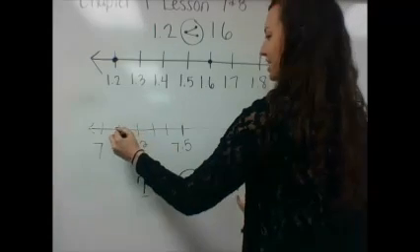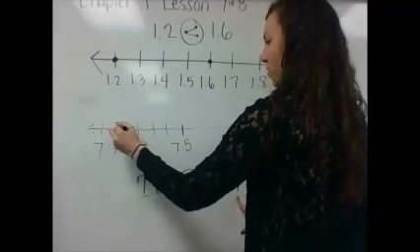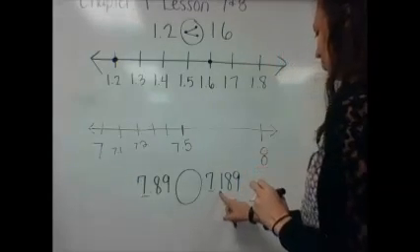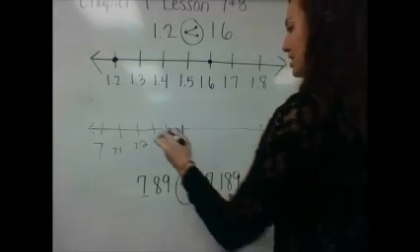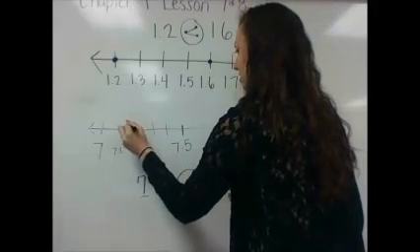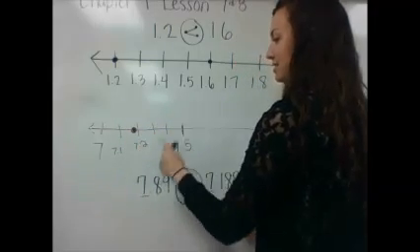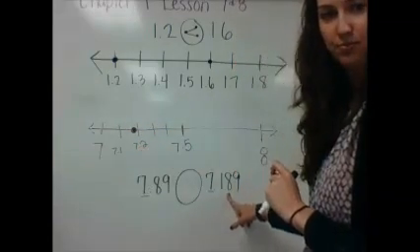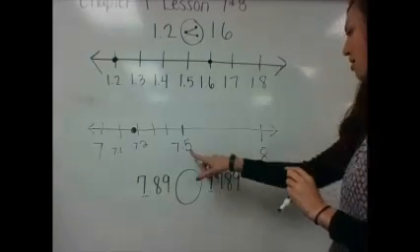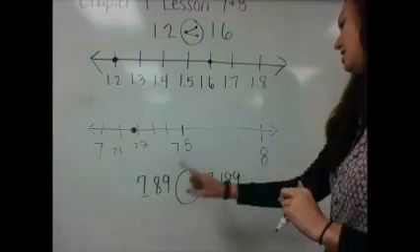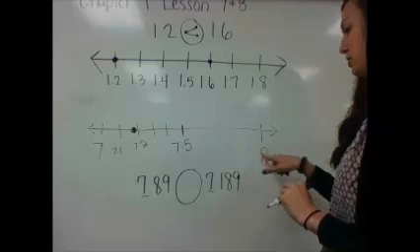Now, I got to look, is it going to be closer to 7.1 or 7.2? Well, 1 and 8, oh, that's going to be right in here. And it doesn't have to be perfect, but I want it to be more on this side because it's just about to 7.2. Okay? Now, 7 and 89 hundredths is going to fall in between here.